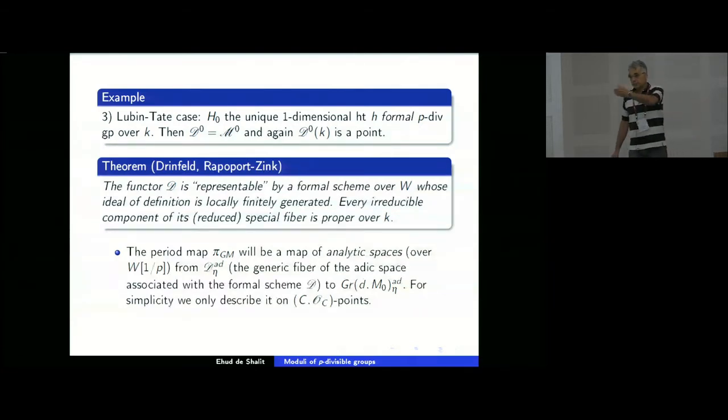It maps to the analytic adic space associated to a certain Grassmannian, and it will be the Grassmannian of d-dimensional linear spaces in M0. M0 was h-dimensional, so it's Gr(d,h), but canonically it's the Grassmannian of d-dimensional quotients, rather, let's put it this way, of M0. And for simplicity, we will only describe it naively on points in O_C or in C, okay, over the pair Spa(C, O_C).